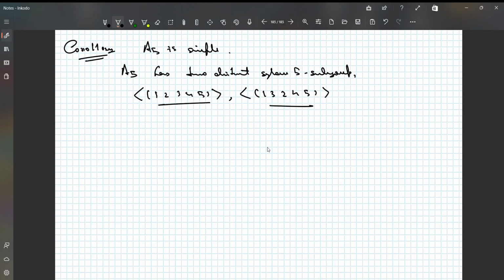These two are distinct Sylow 5-subgroups. The order of A5 is the order of S5 divided by 2, and the order of S5 is 120, so it's 60. So A5 is a group of order 60 with more than one Sylow 5-subgroup.